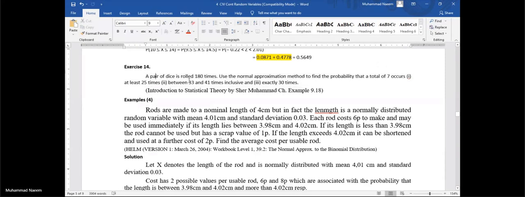For example, a dice is rolled 180 times. Similarly, if a coin is tossed 100 times, what is the probability to get number of heads from 40 to 70?